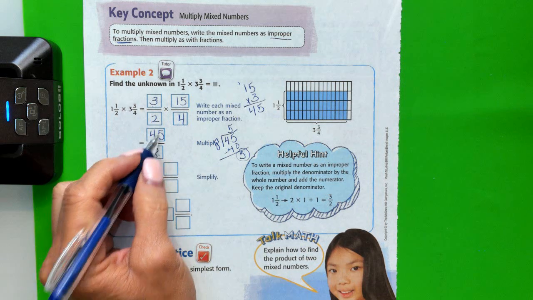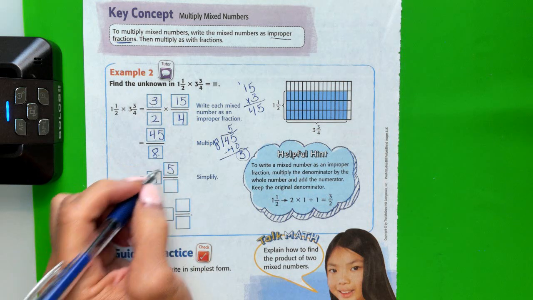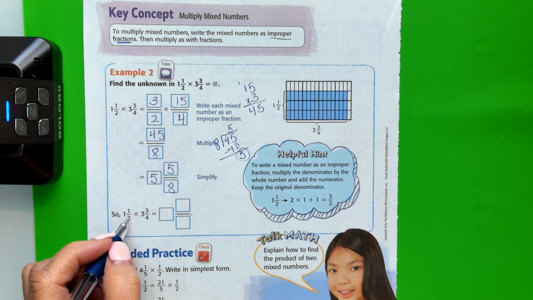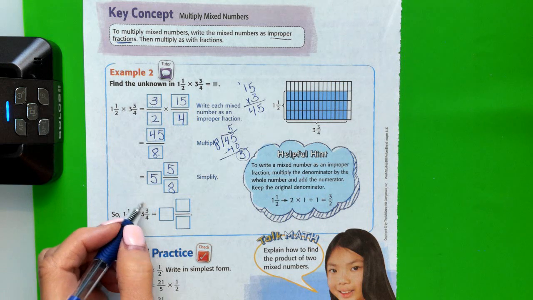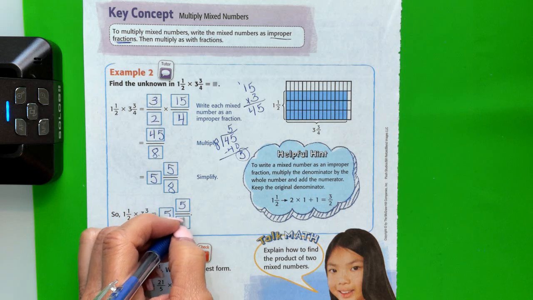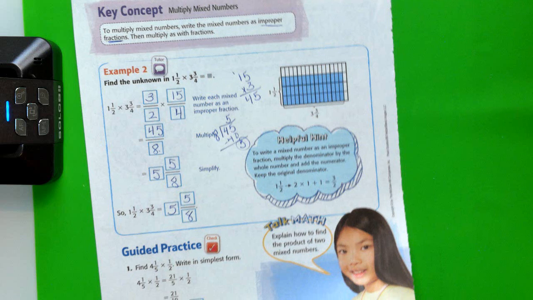So we know that 8 goes into 45 5 times with 5 left over, and our denominator is 8. So 1 1/2 times 3 3/4 is 5 5/8.